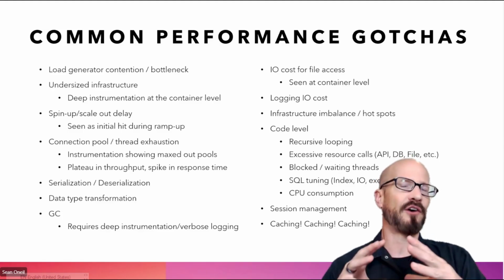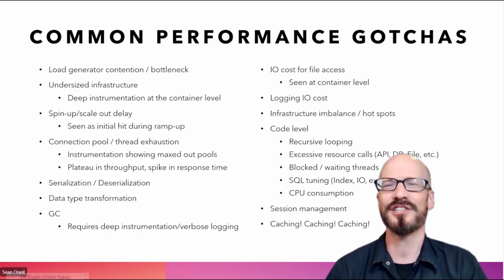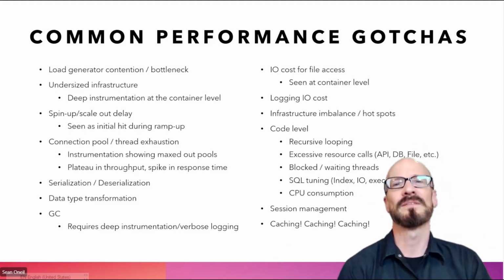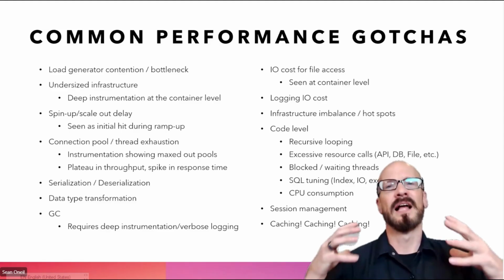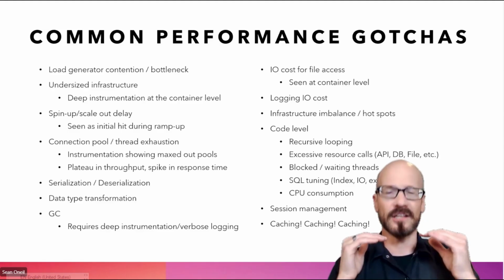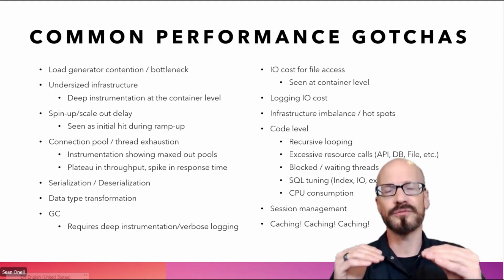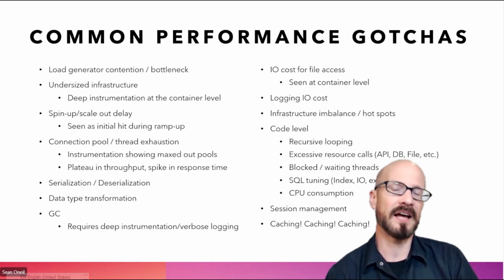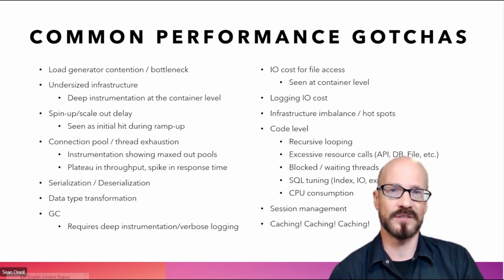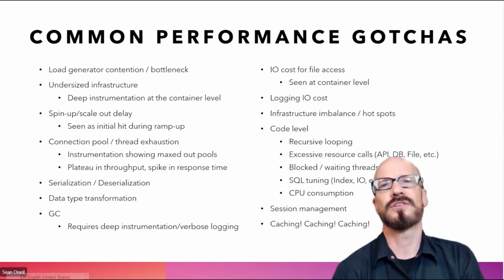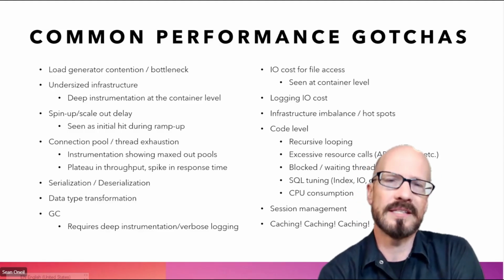I'm not going to tell you how to fix a garbage collection issue. That's probably a half hour to an hour session in and of itself. But at minimum, make sure that you have instrumentation, monitoring, and logging to let you know if the reason why your throughput or response time has taken a hit is because of GC. Another leading indicator of that is CPU utilization.